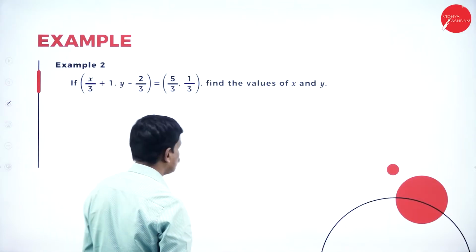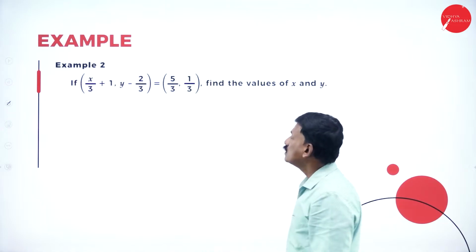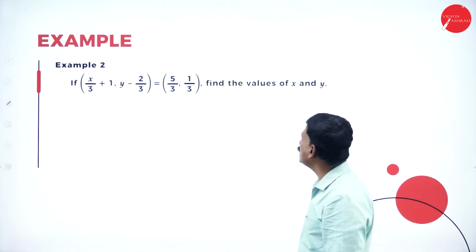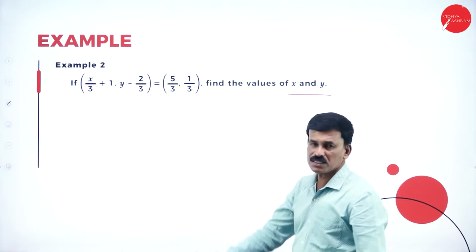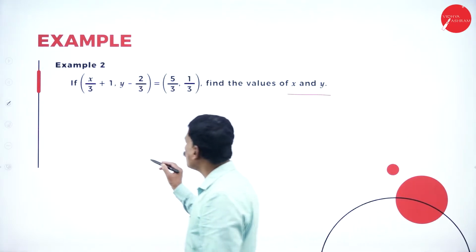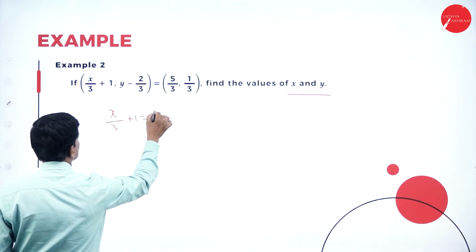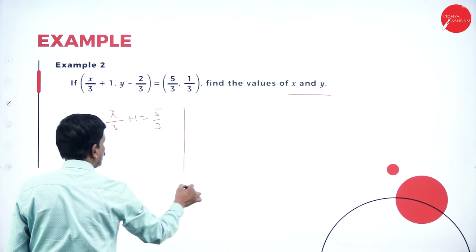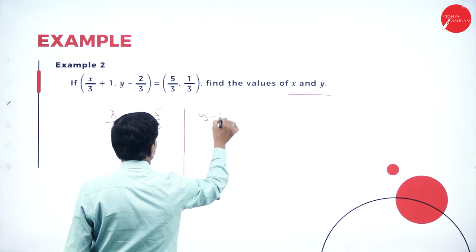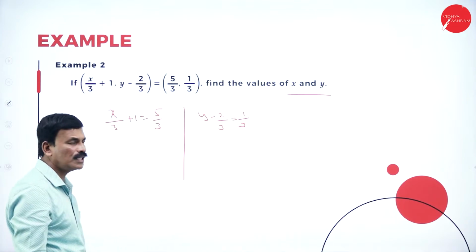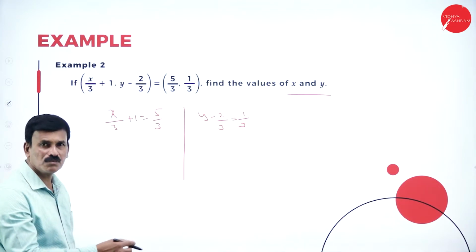If (x/3 + 1, y - 2/3) = (5/3, 1/3), find the values of x and y. Same type of problem. Equate these ordered pairs. First element: x/3 + 1 = 5/3, and the second element: y - 2/3 = 1/3. Now if you want, take LCM and simplify.